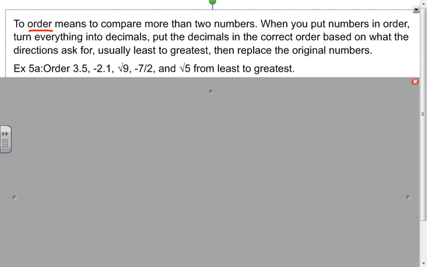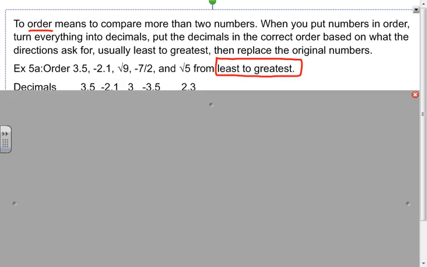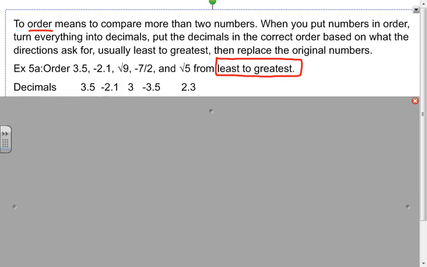Example 5a is asking us to order 3.5, negative 2.1, the square root of 9, negative 7 over 2, and the square root of 5 from least to greatest. Don't miss that. If you put them backwards, you'll get it wrong. The first thing we have to do is turn them all into decimals. 3.5 is already a decimal.